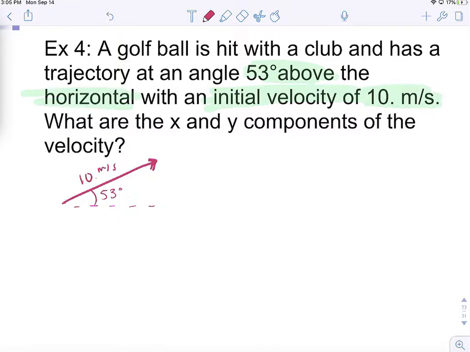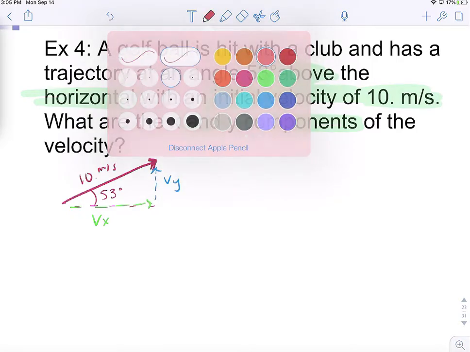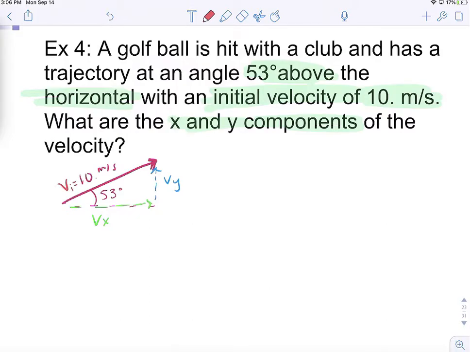Now this problem is asking me what are the x and y components of the velocity. They are basically just asking me to solve for how fast is it moving sideways and how fast is it moving up. Okay, keep in mind, y'all, that this is the actual initial velocity of the ball.